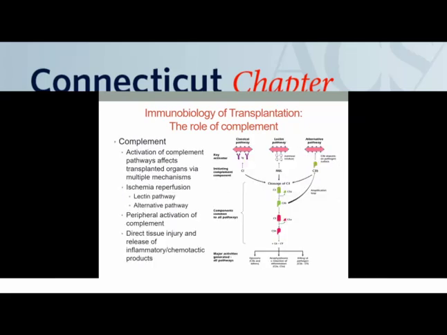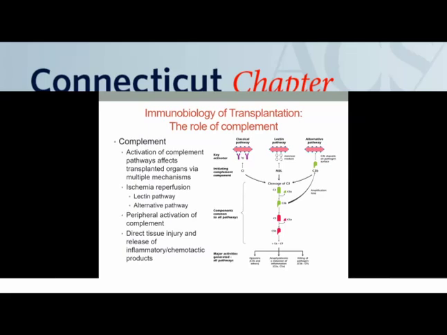All right. So how does complement affect the innate immune response? Well, complement is activated as part of reperfusion injury. The 2 pathways that classically are associated with reperfusion injury are the lectin and alternative pathways, because antibody usually isn't present in the early reperfusion cycle.